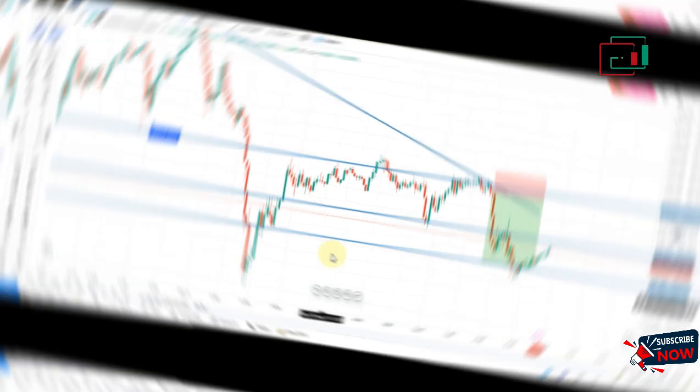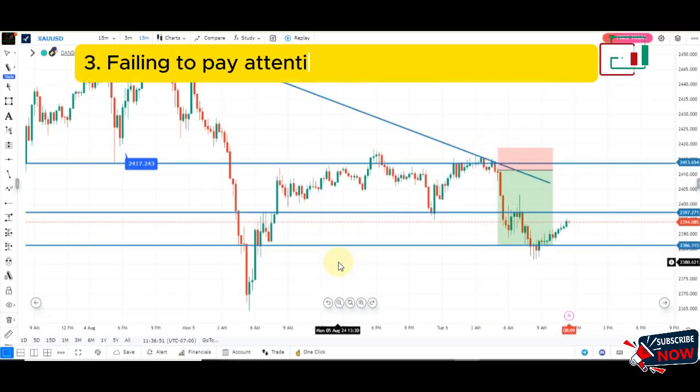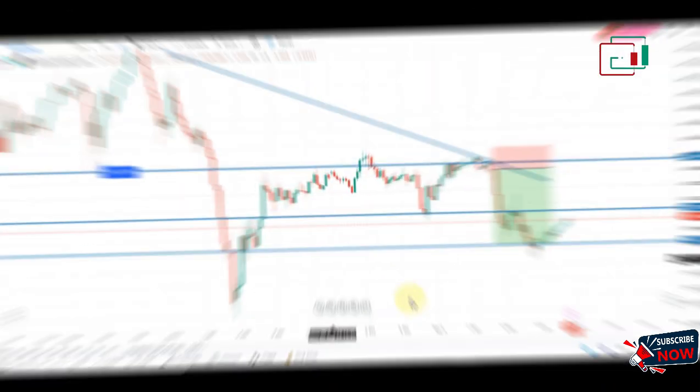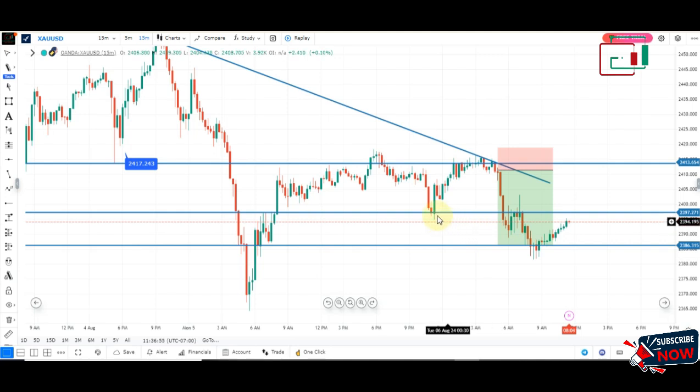Then another thing is neglecting possible turning points. Like I've given an example: when I entered this sale, I had my support here and my other support here, and as you can see, when the market reaches this support, it starts to pull back.